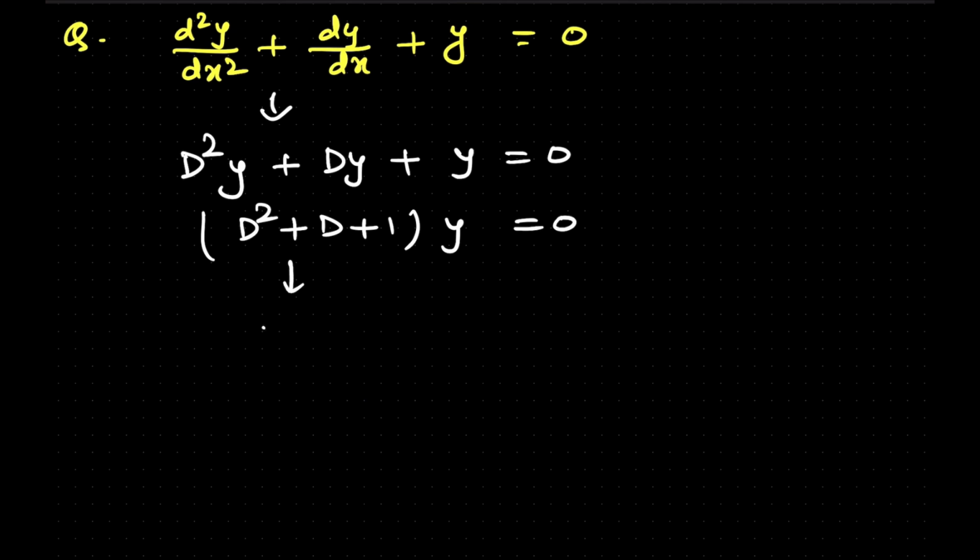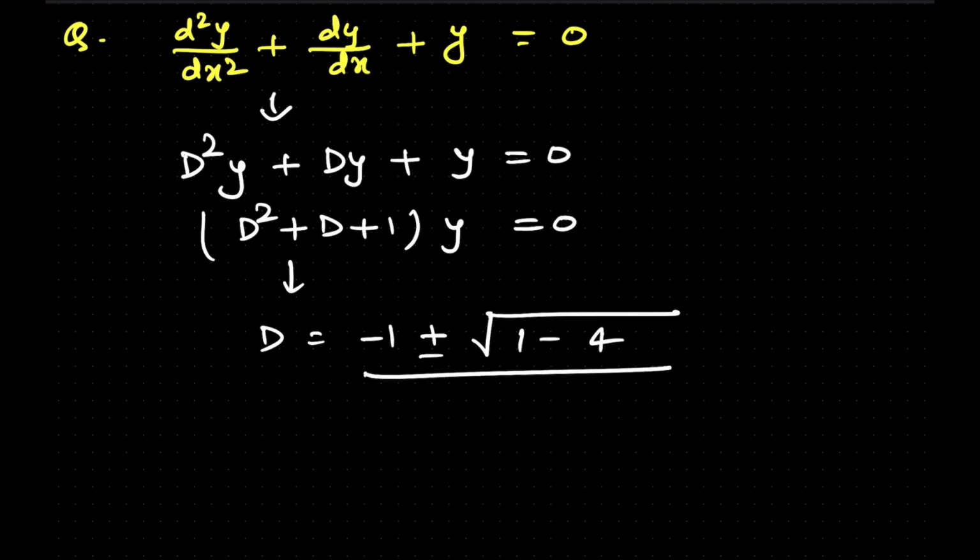By applying the quadratic formula, you can find the roots as minus 1 plus minus root of b square, which is 1, minus 4 times 1, and in the denominator you will get 2.